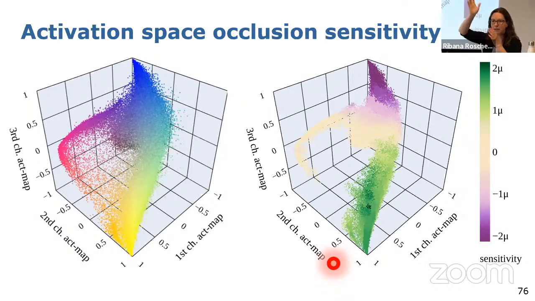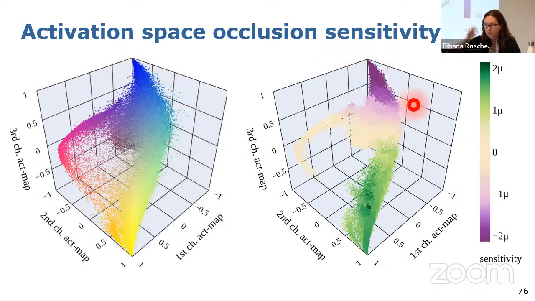So we have this partly covered up activation maps, and then we had to look how the score will change, and this is the sensitivity. That means the change in the score for all these images.